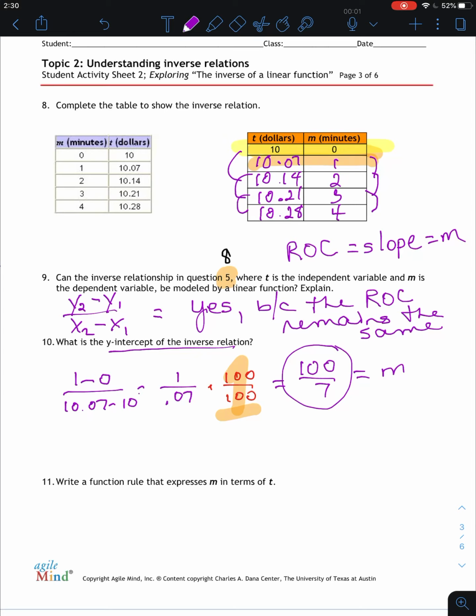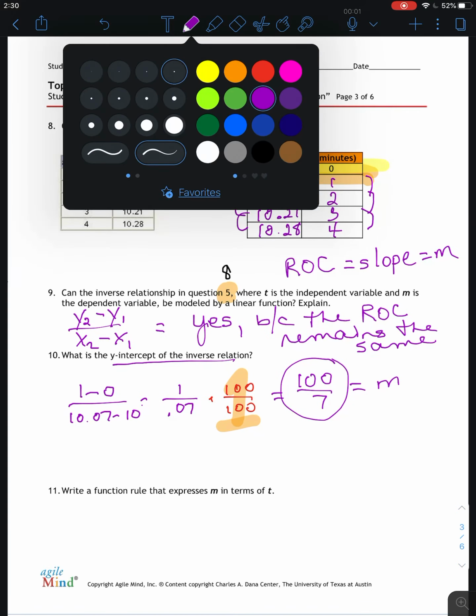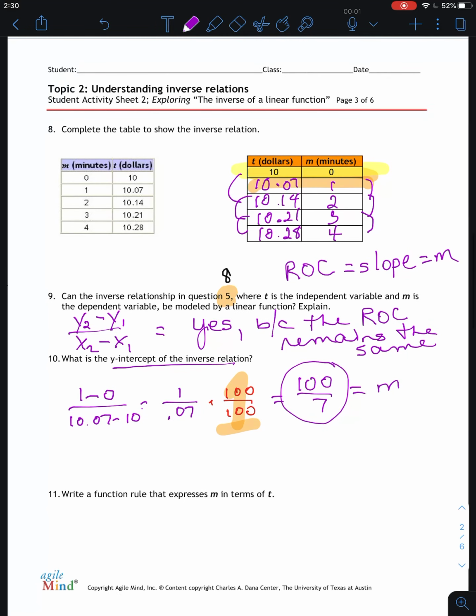So now we're going to take that point and substitute it back into the y equals mx plus b form. Except in place of y, we're going to put 0. In place of our slope, we're going to put 100 over 7. And then in place of x, we're going to put 10, plus b.